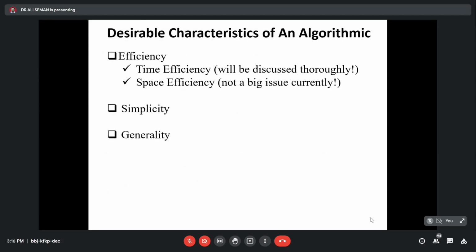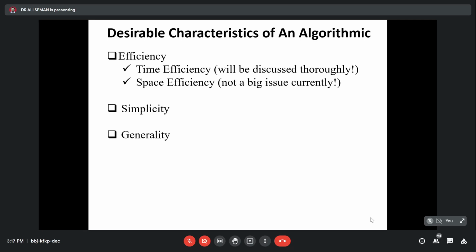Now, the desirable characteristics of an algorithm. We have three. Number one, the algorithm must be efficient. Efficient in terms of what?